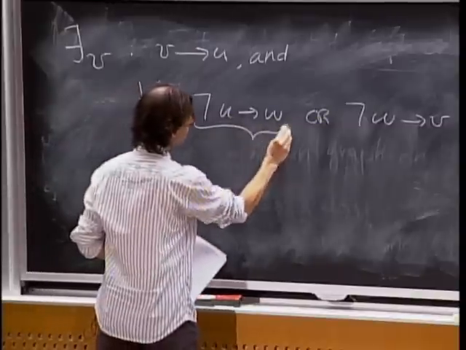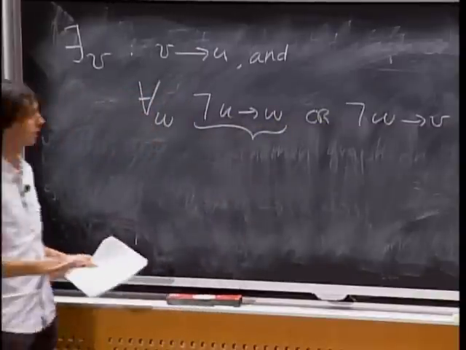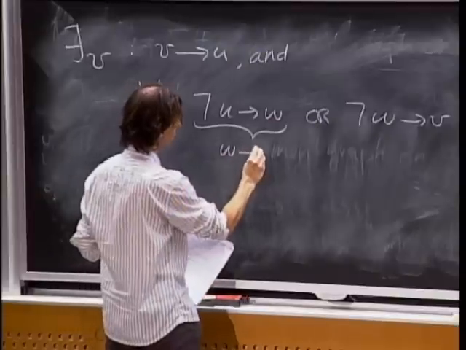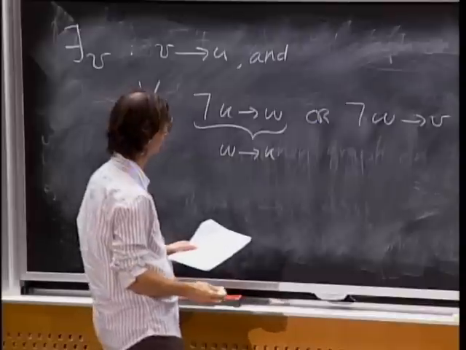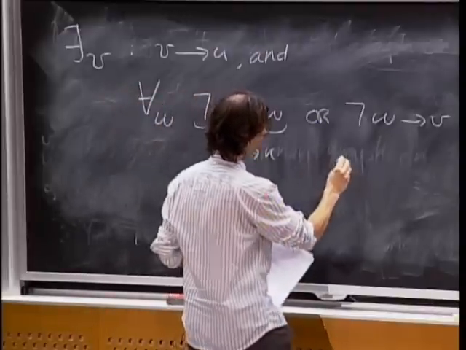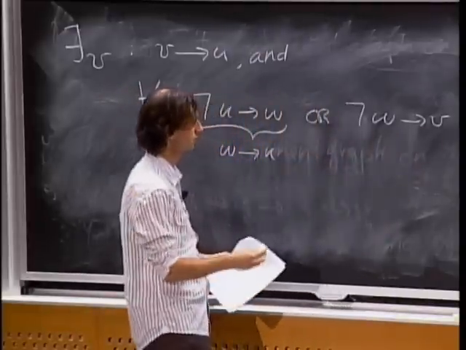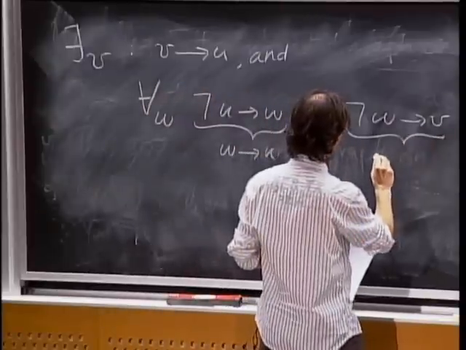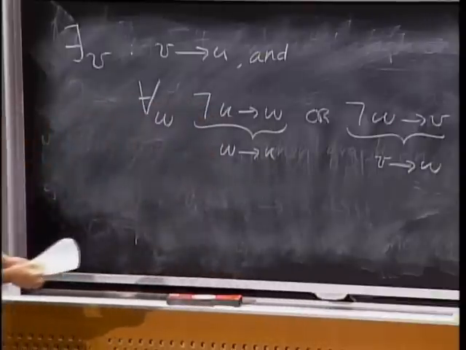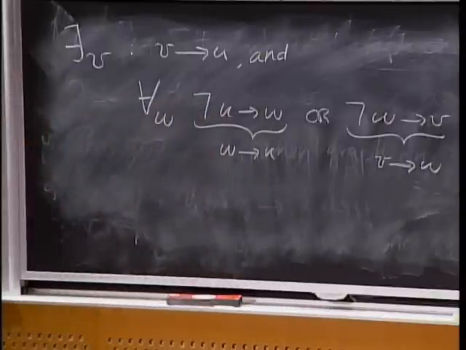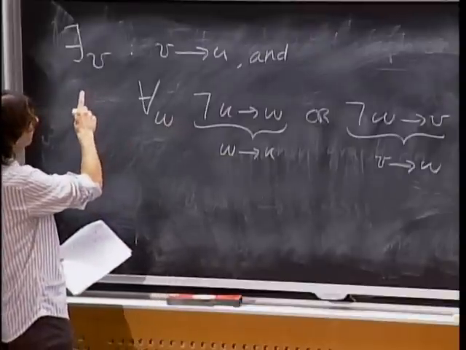Well, how can we rewrite this? It's a tournament graph, right? So we know that W packs U, or this particular condition, which is V packs W. So what do I have here? Is this going in the right direction? Well, I want to prove something about that.